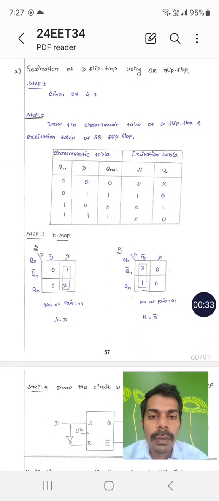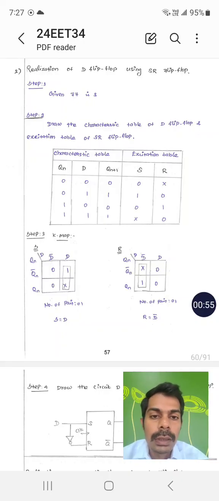The characteristic table has Qn, D and Qn plus 1, that is present state, input and next state. The excitation table for SR flip-flop should be written by comparing the present state and next state of the characteristics table of the D flip-flop.